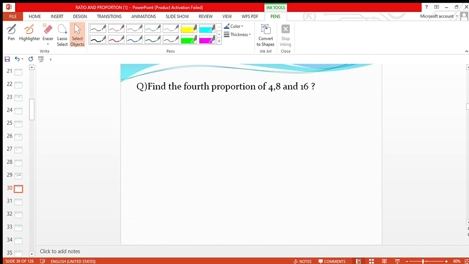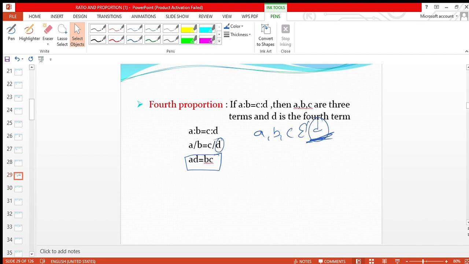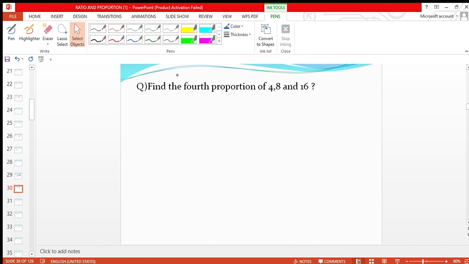Next, find the fourth proportion of 4, 8 and 16. The fourth term, let it be X. So AD is equal to BC. 4 into X is equal to 8 into 16.